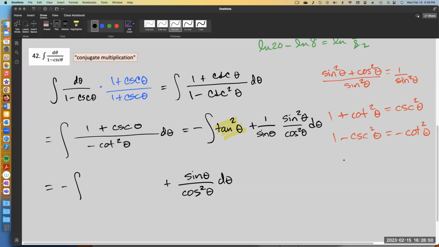If we were integrating secant, we would have something like that. So right now, what we do know is that the derivative of secant is secant tangent, so that's not going to help us. And we know that the derivative of tangent is secant squared.